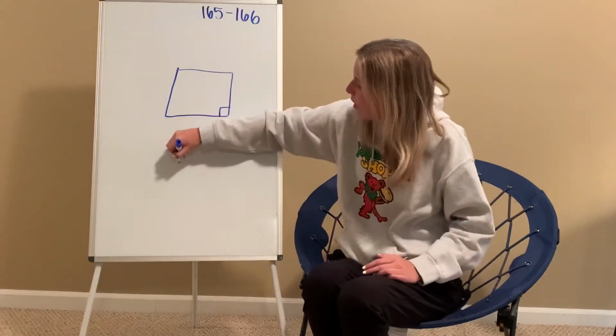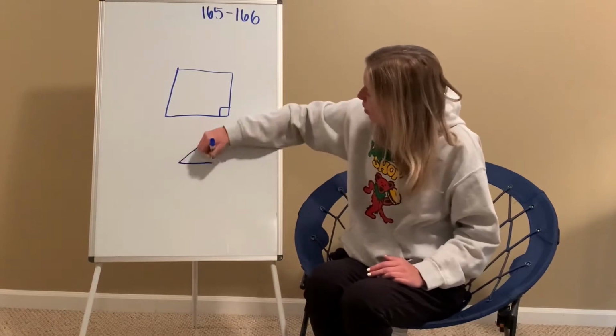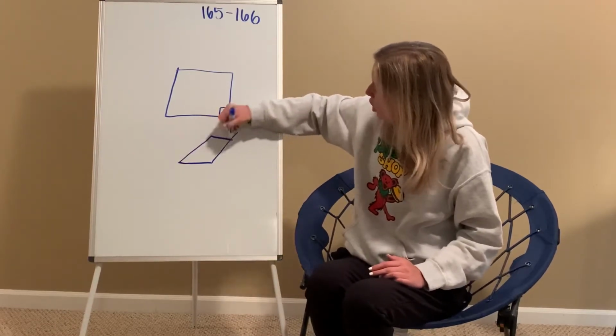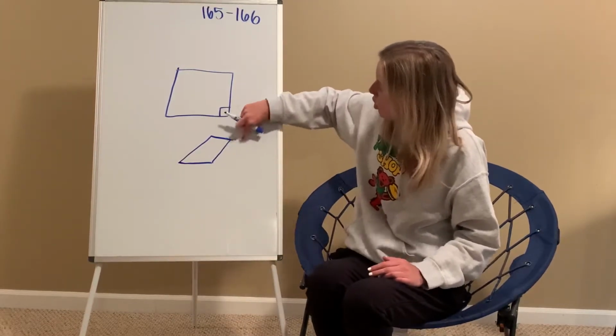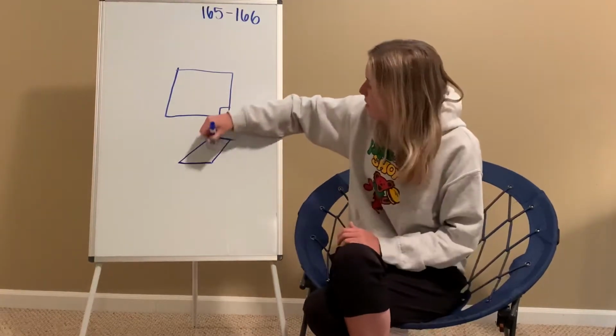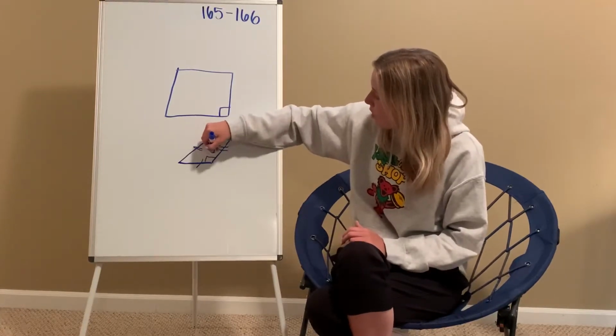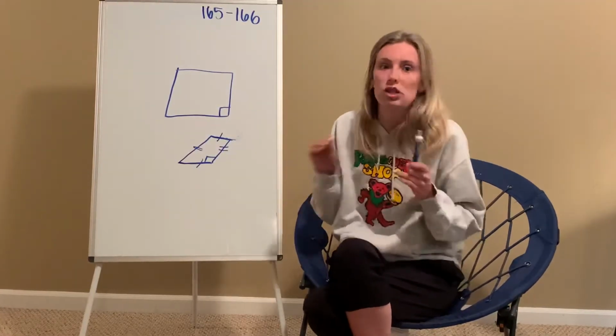For example, if I had a shape that looked like this, you're looking at it and you're like, well, it has four sides. This is the same length and this is the same length. But then you look at these corners, it's not a perfect square corner.